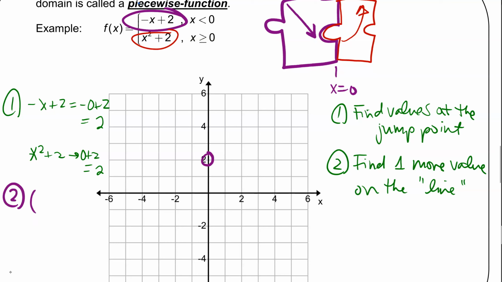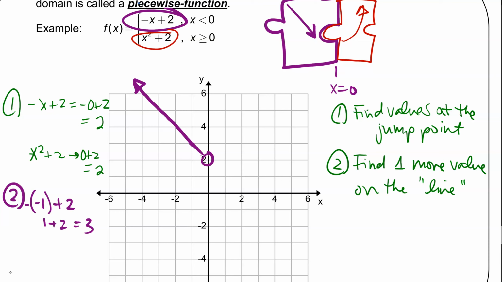So I'll pick negative 1. So 1 plus 2 is 3. So negative 1, 3. And if I connect them, as I go left to right, my slope is negative 1. Notice this graph doesn't go the whole way across, because it's only if x is less than 0.